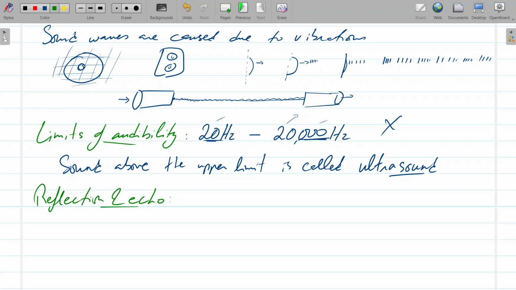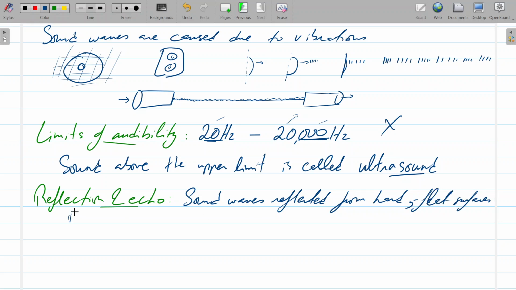So when sound waves are reflected from hard flat surfaces, they sort of bounce back, and when they bounce back and reach you, you can hear it because it's sound, just like you can see light reflected from a mirror.